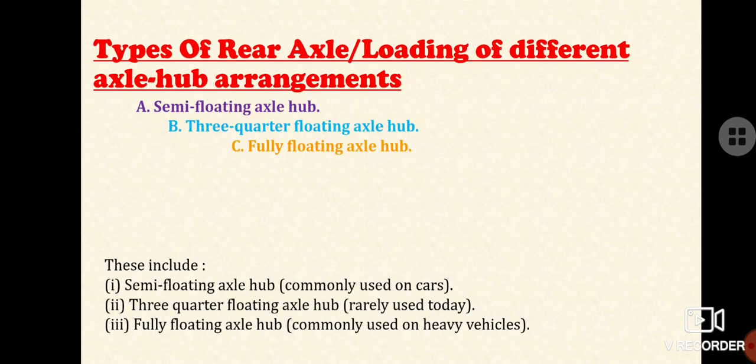There are some types of rear axle loading, with different axle hub arrangements, like we have discussed. These include the semi-floating axle type, commonly used in cars; then the three-quarter floating axle hub, that is rarely used today; and the fully floating axle hub, commonly used on heavy vehicles.